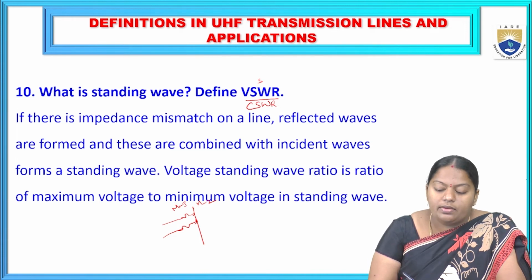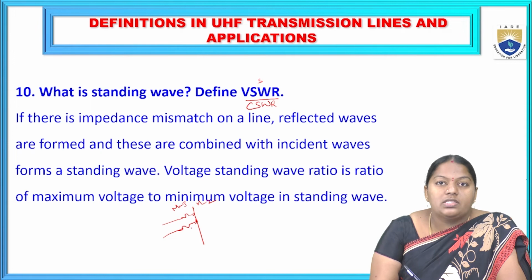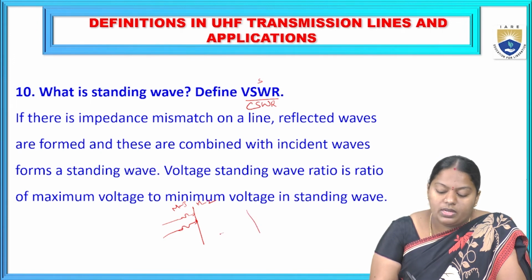So voltage standing wave ratio is the ratio of maximum voltage to the minimum voltage in a standing wave, right? Suppose you consider the maximum voltages as V max, and along the line distance this one is V minimum.